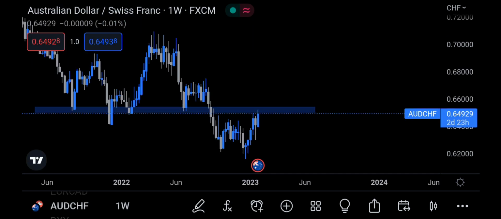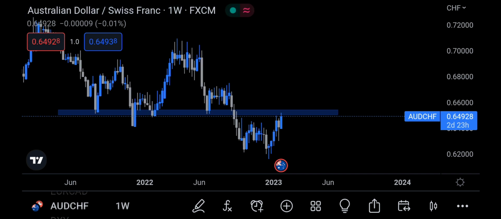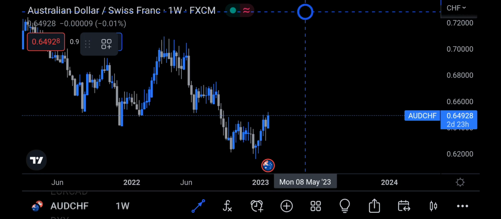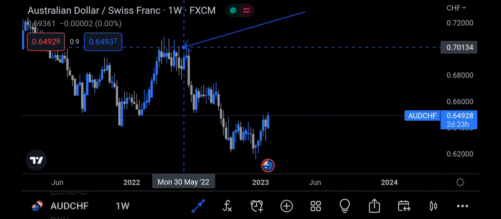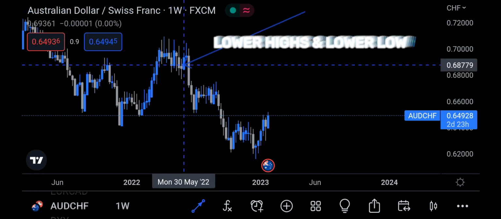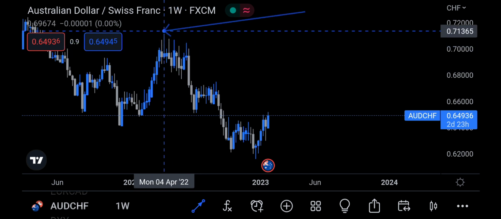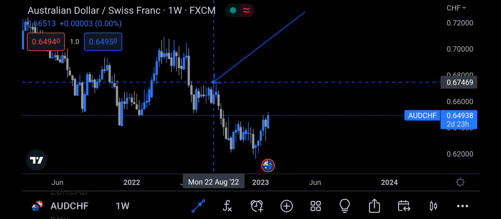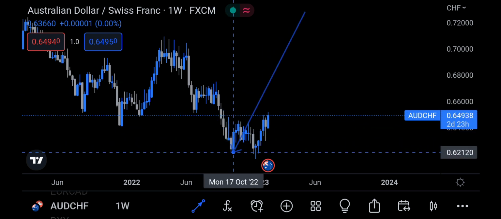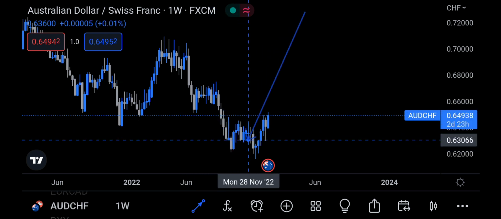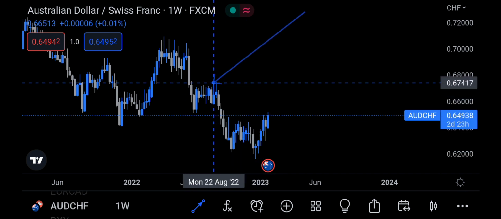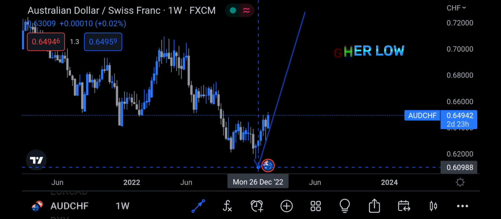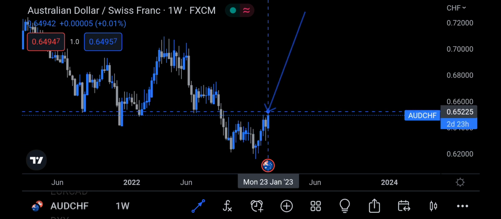Now in the weekly time frame, we can currently see that during all this move to the downside, we're having a series of lower highs and lower lows, like we identified earlier. We had our highs here, our lower low, lower high, lower low, lower high, lower low, and from this move to the downside, the market has shifted structure, giving us the first higher high in the market.